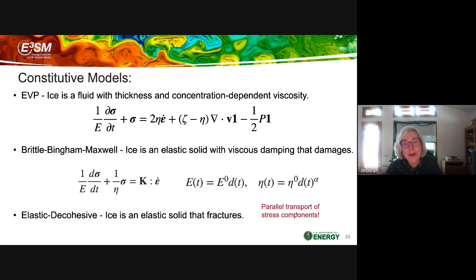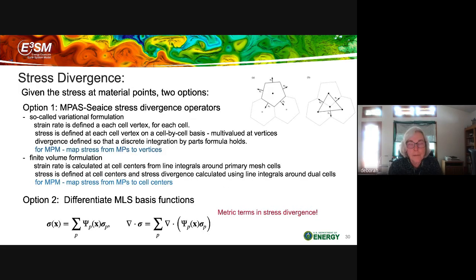And I just want to remind you that just like the velocity components have to be transported, stress components have to be parallel transported also when you move the material points. Stress divergence, we can use stress divergence operators that exist on the mesh. That's our first option. There's actually two that are in MPAS.